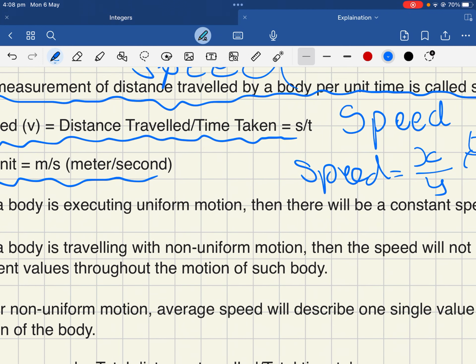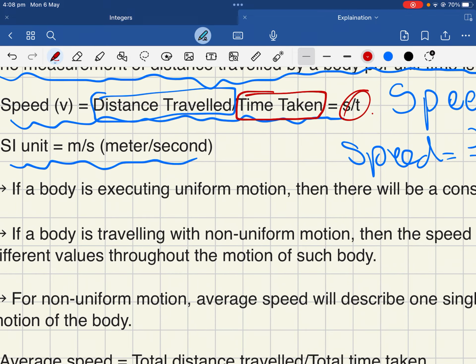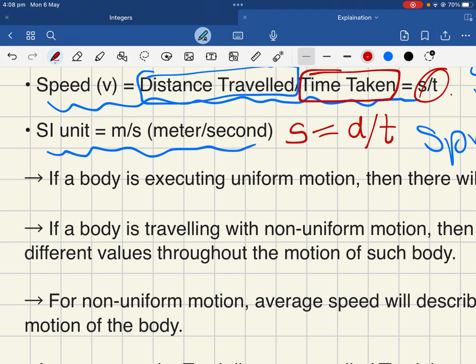And what is the formula of speed? Distance traveled upon time taken, s by t, or s = d/t. What is the SI unit? The SI unit of distance is meter.